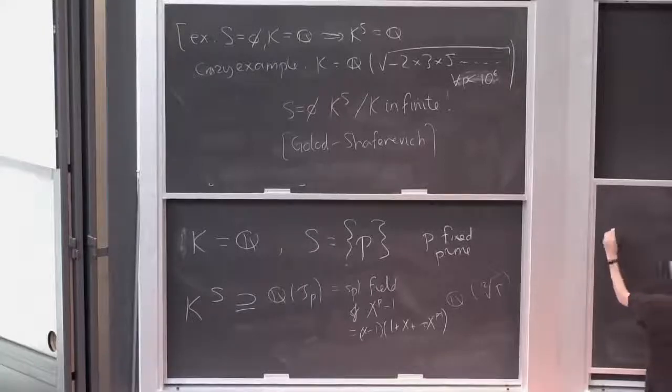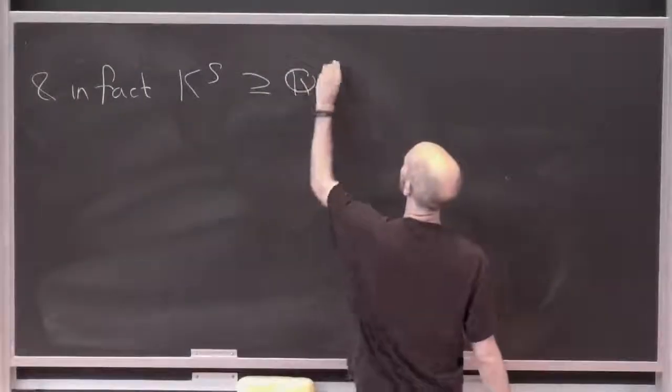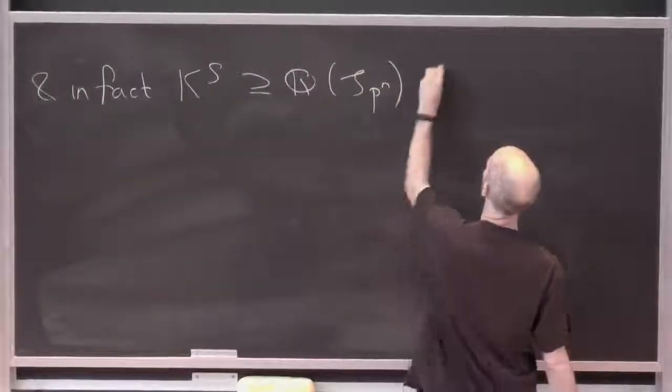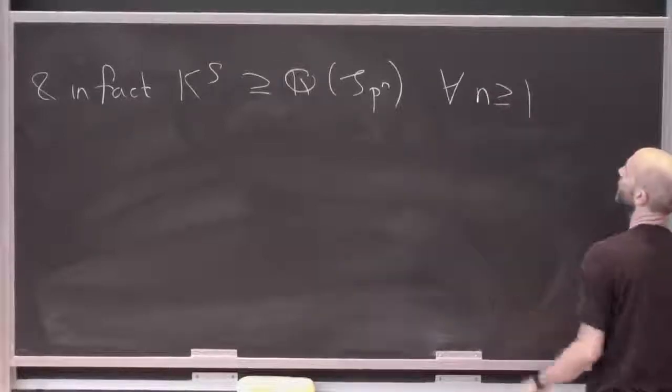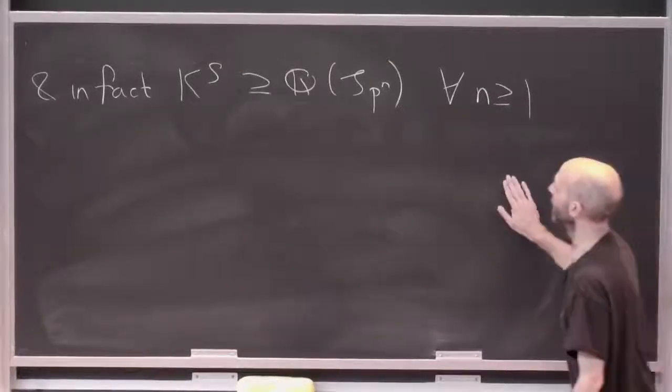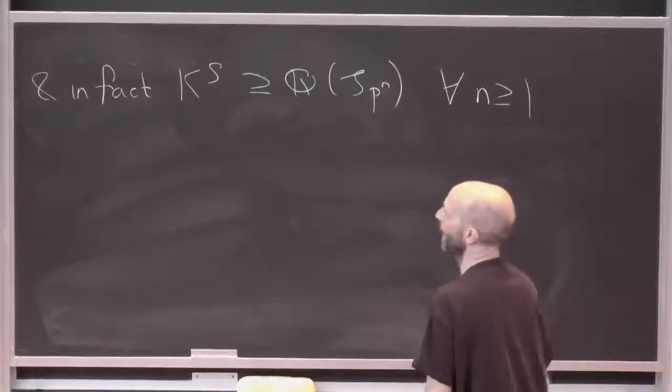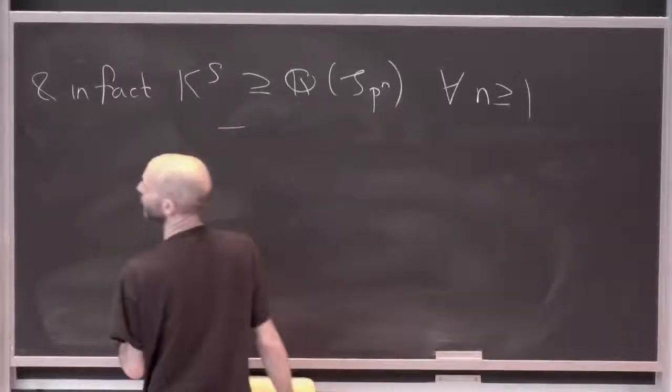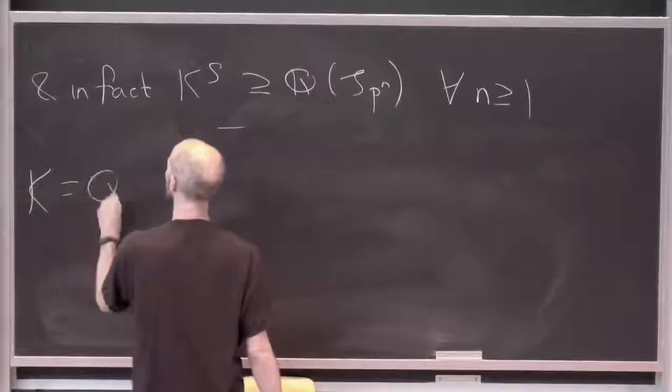And more generally, and in fact, K would contain Q(zeta_{p^n}) for all n at least 1. So this is a huge extension, you see. I guess here's a more general thing. What about K is Q?